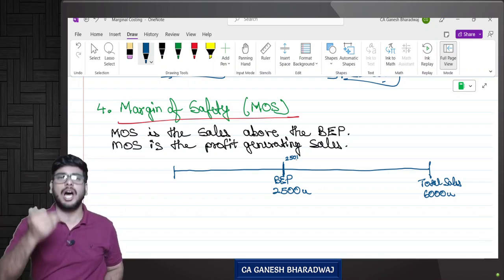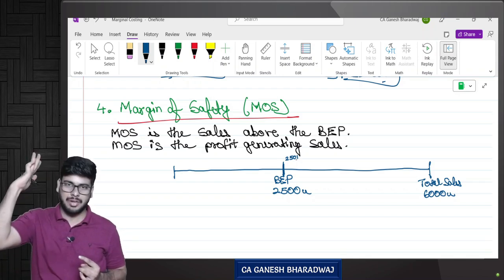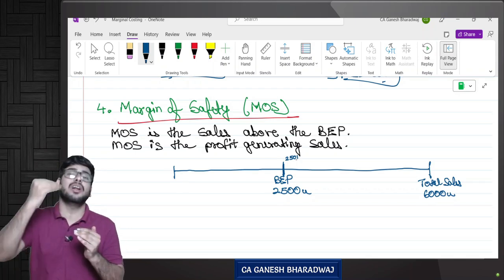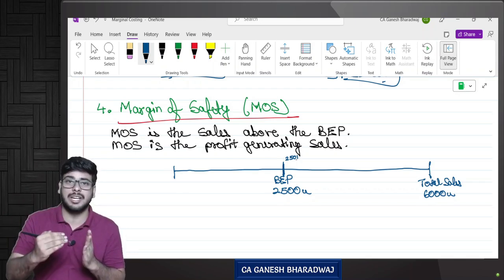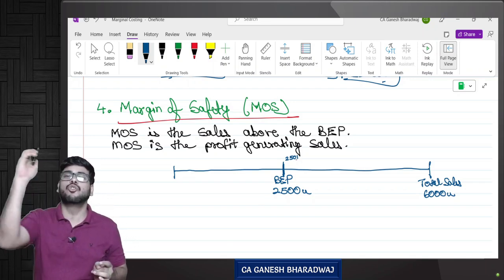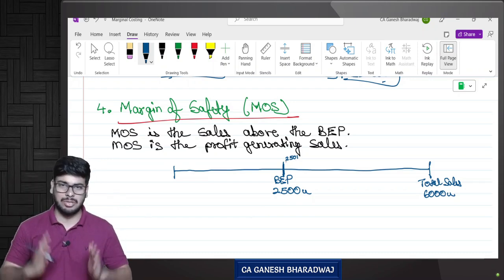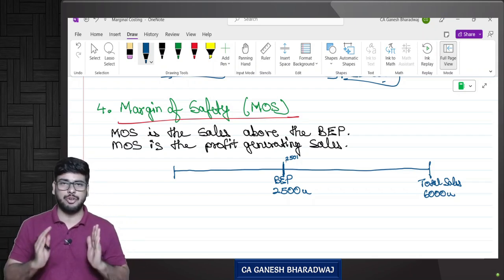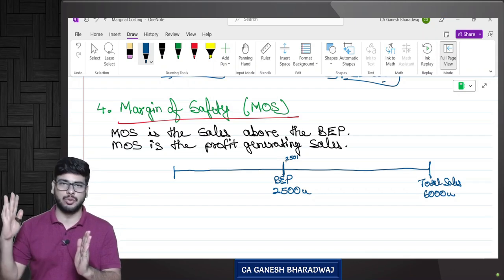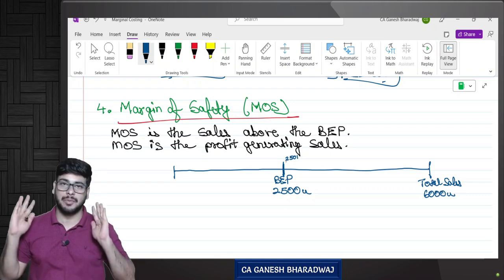Every unit I sell above my break-even point generates contribution that goes towards building my profit.